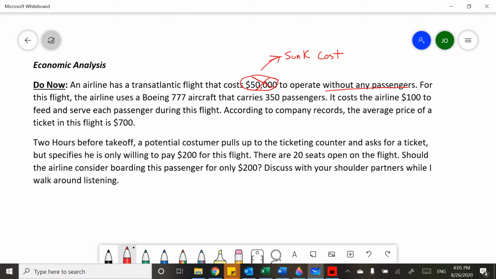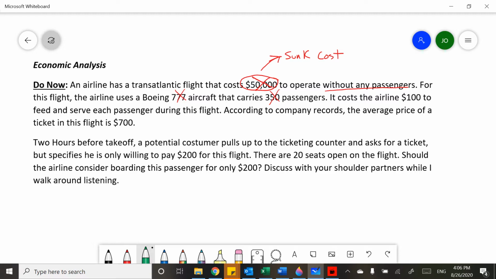In this example, since we're going to use the $50,000 anyways, this is not going to matter in our decision making. Other pieces of information that are not relevant are the type of aircraft that we have, or whether we have 350 passengers. That information is not important. Now, let's get to the first piece of information that is important.